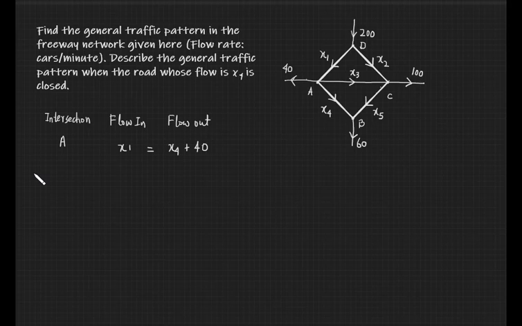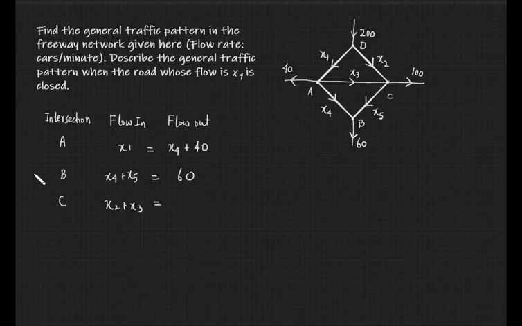Similarly, at intersection B, the number of vehicles coming in, x4 plus x5, should be equal to the number of vehicles going out. Similarly, at intersection C, the number of vehicles coming in is x2 plus x3, which is equal to the number of vehicles going out of this intersection.